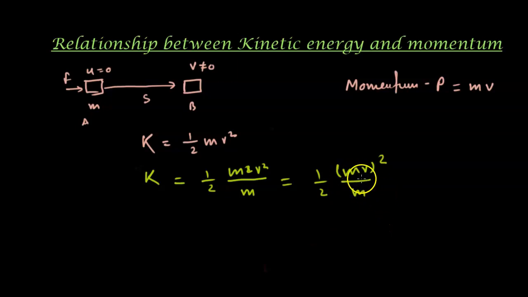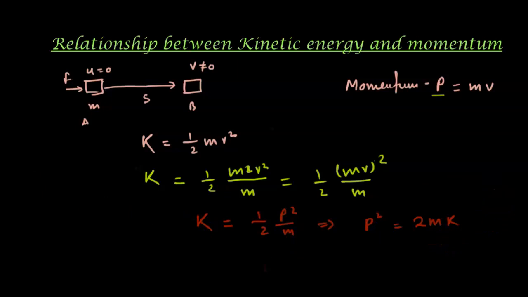Now, this mv is the momentum, so instead of mv we can write p. So K equals half p square upon m, or p square equals 2mK, and that is the relationship between kinetic energy and momentum.